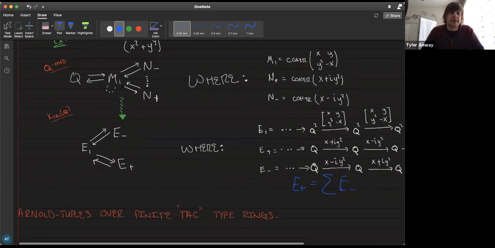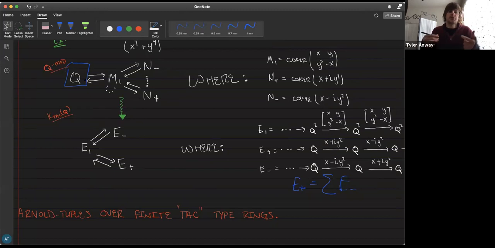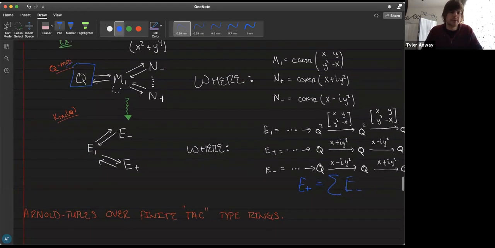The other question you might ask is, what happened to this Q here? Well, because Q has finite projective dimension over itself, the associated totally acyclic complex is just the trivial complex. So this extends to the zero complex.